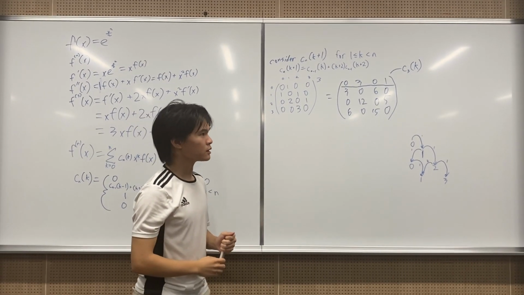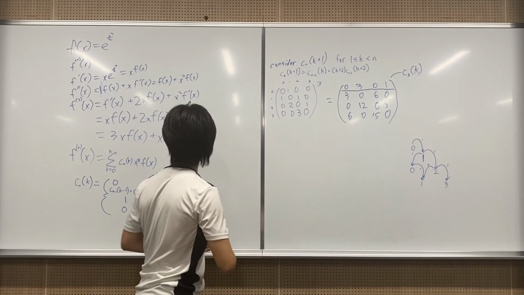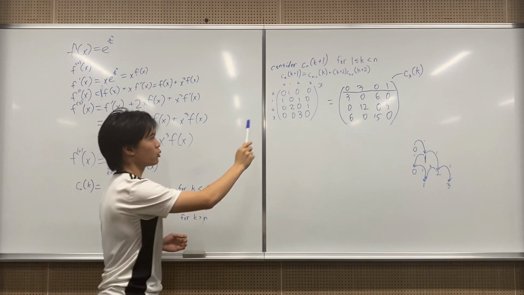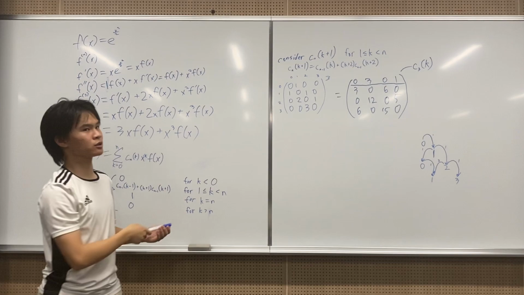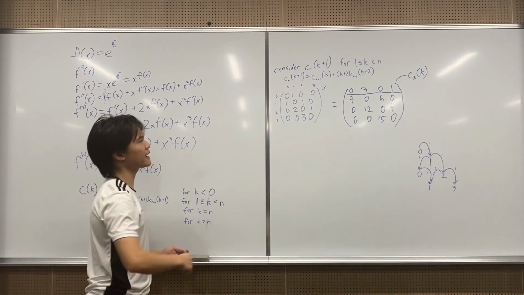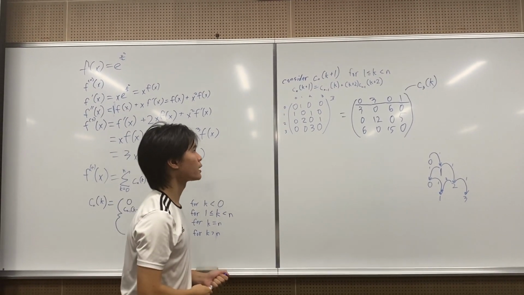There are 3 paths from the constant term to the x term, and 1 path from the constant term to the x cubed term. And of course, we're looking at paths of length 3 because that's how many times we're taking the derivative.